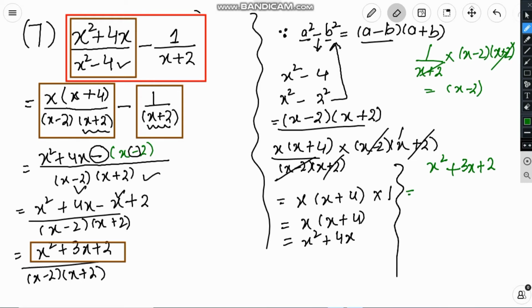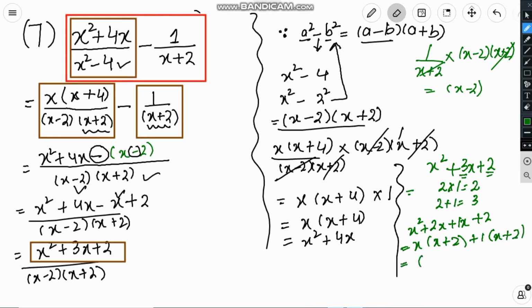Find two numbers that multiplied give you 2 and whose addition gives you 3. As you can see, 2 multiplied by 1 gives you 2 and 2 plus 1 gives you 3. So you can write x square plus 2x plus 1x plus 2. So just make factors of this equation, x into x plus 2 plus 1 into x plus 2. It becomes x plus 1 and x plus 2.